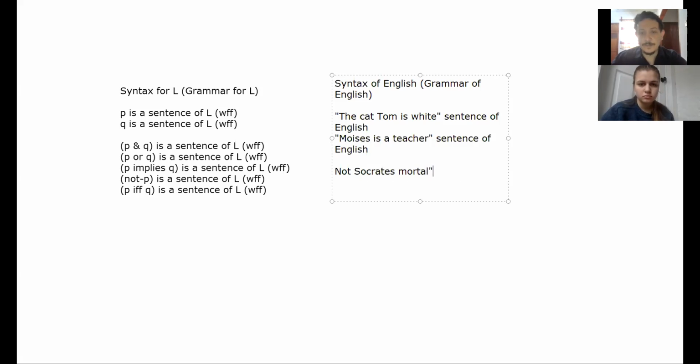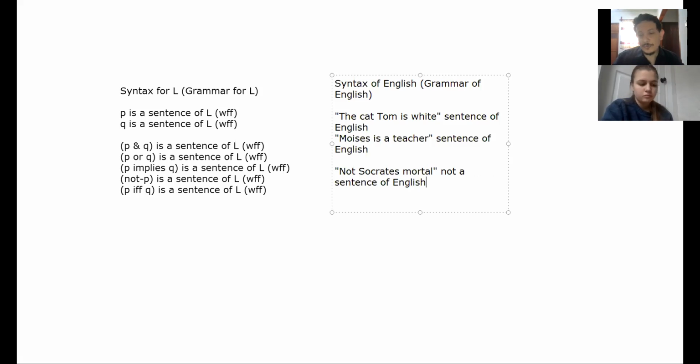So this is not a sentence of English. It doesn't matter that it has English words. In order for it to count as a sentence of the language, it has to fulfill the minimal requirements to be grammatical. And this is just not grammatical. It does not satisfy proper grammar.